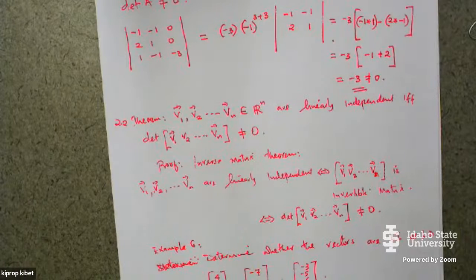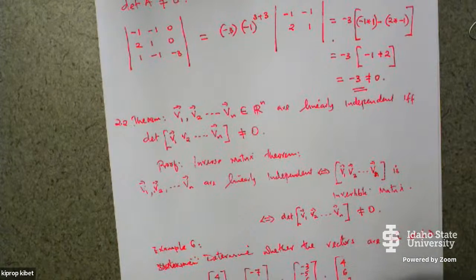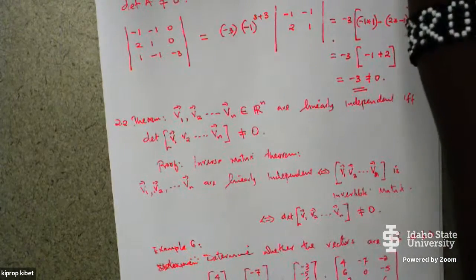For this, you need to put the vectors in a matrix form. So v1 is (4, 6, -7), v2 is (-7, 0, 2), and v3 is (-3, -5, 6).